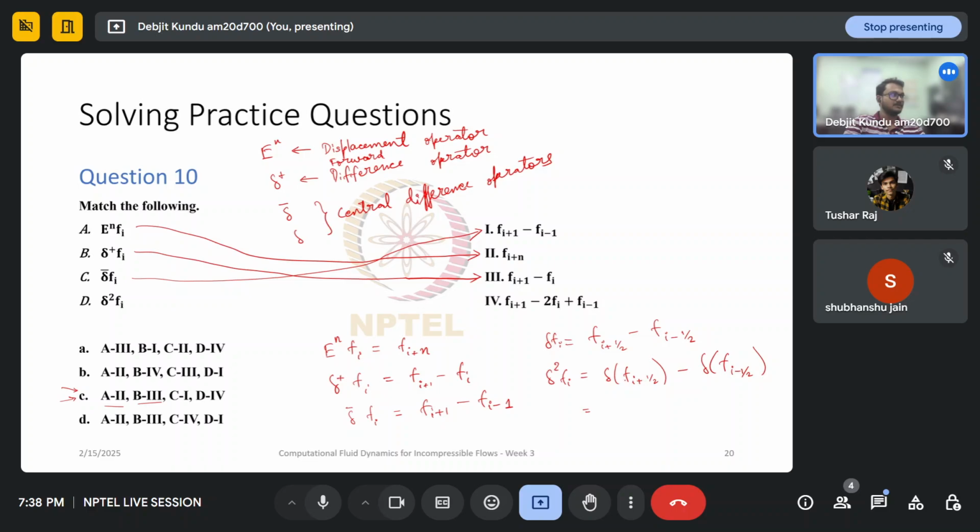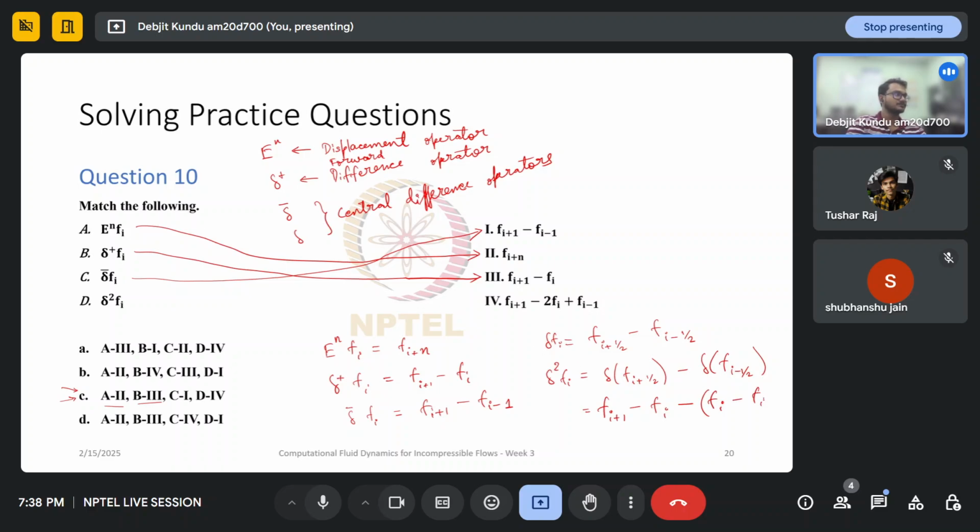The i plus half will give me i plus 1, and minus half would give me f_i. And then this one, i minus half plus half should give me i, and i minus half should give me i minus 1.